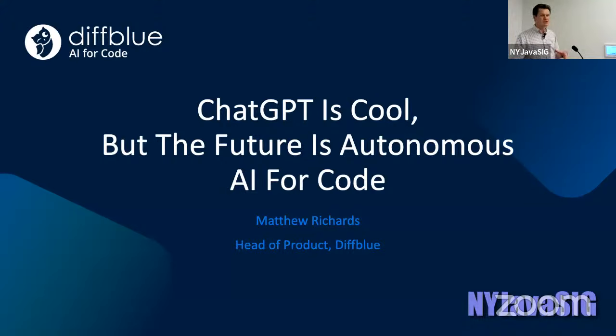And we use reinforcement learning to write unit tests for Java. And that's reinforcement learning as opposed to large language models that I'm sure we're all saturated with hearing about this last 12 months. But reinforcement learning is a different technique. And what I'm going to be taking you through today is a bit more about the differences between those.